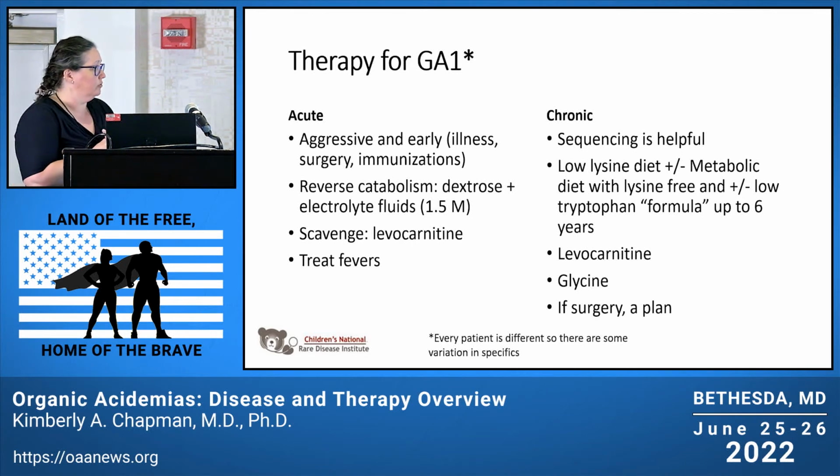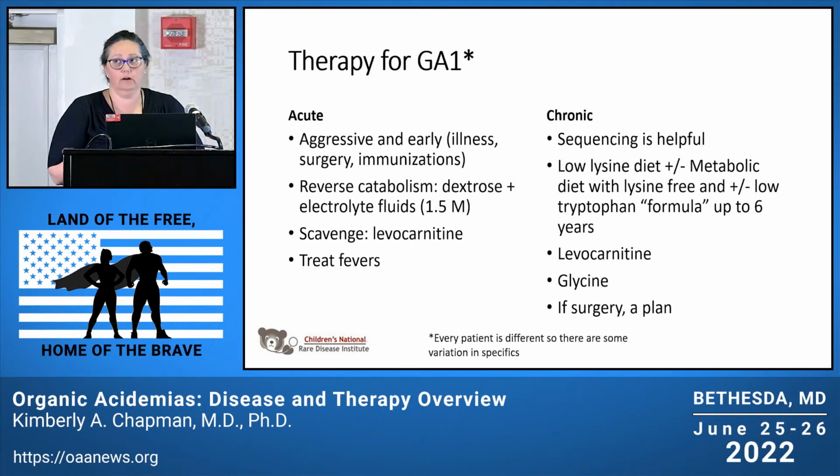You're going to scavenge with carnitine, and you are going to be incredibly aggressive with therapy. This is the one place that I have to walk to the residents and say, you're going to schedule Tylenol alternating with ibuprofen every 3 hours, and it's got to be scheduled, and we won't stop it for 48 hours. But we want to see a fever. I'm like, no, we don't. Okay.